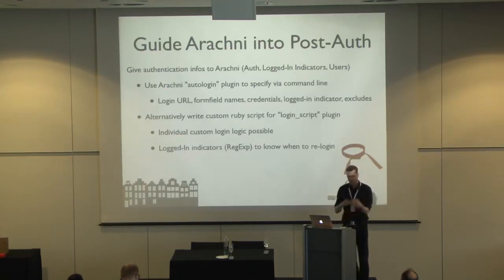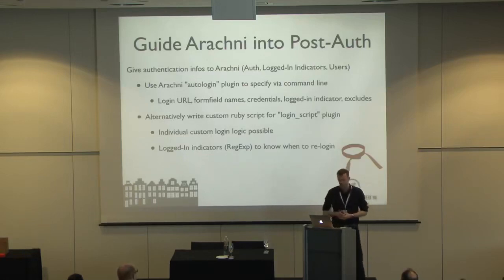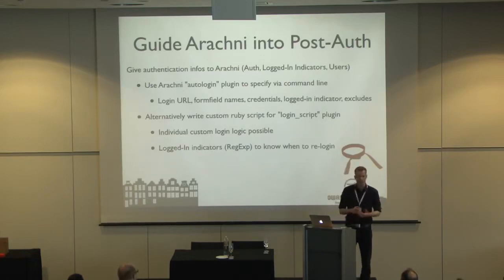And if it's more complex than just these configuration steps, you can alternatively write a Ruby script to do more complex logins, which will be executed when the Arachni scanner detects that a pattern you configure has a match, meaning you're no longer logged in.